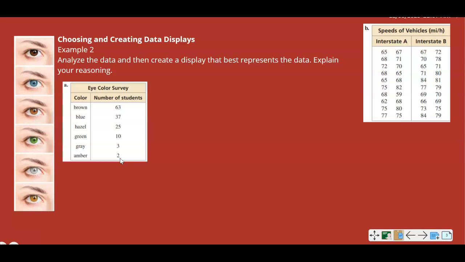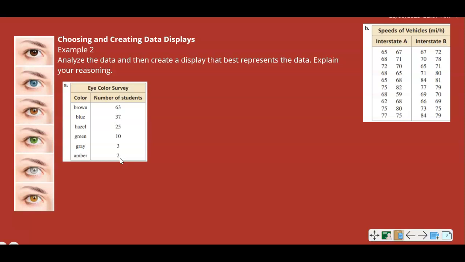So we are counting how many of each have an eye color. So there are numbers involved, but it's not really number data. So we're not looking at quantitative data. We're not looking at a graph to measure the numbers. We're just looking at a graph to represent the eye color.